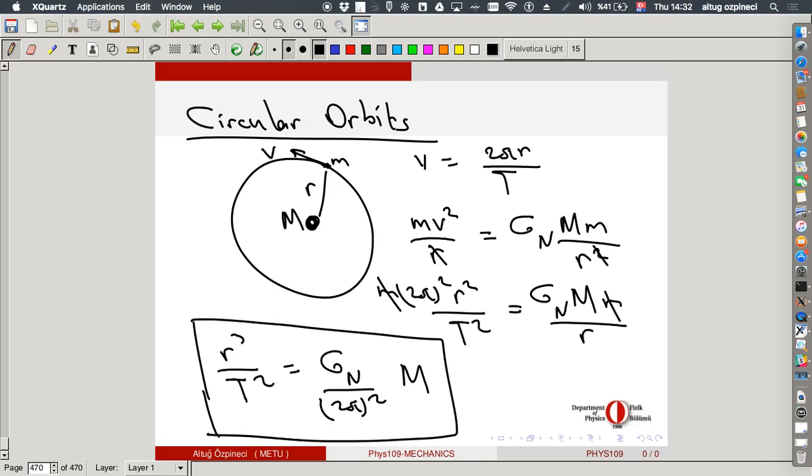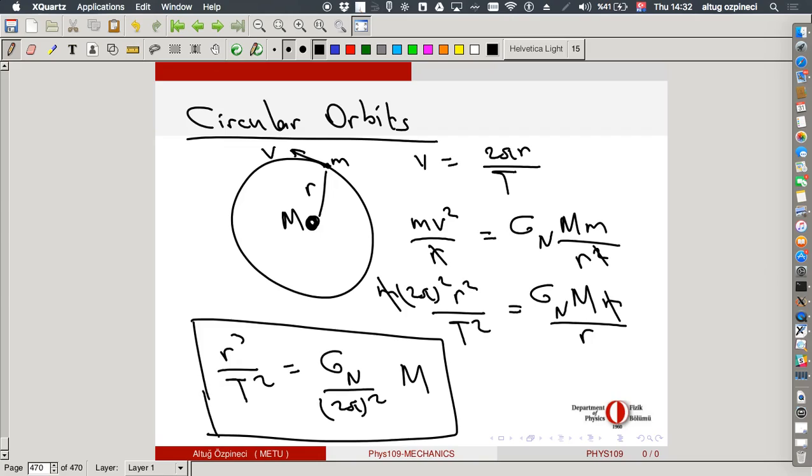So m v squared over r, with v equal to 2 pi r over T, is equal to G M m over r squared. We can also cancel the m's. So r cubed over T squared will be equal to Newton's constant divided by 4 pi squared times the mass of the planet, mass of the star.